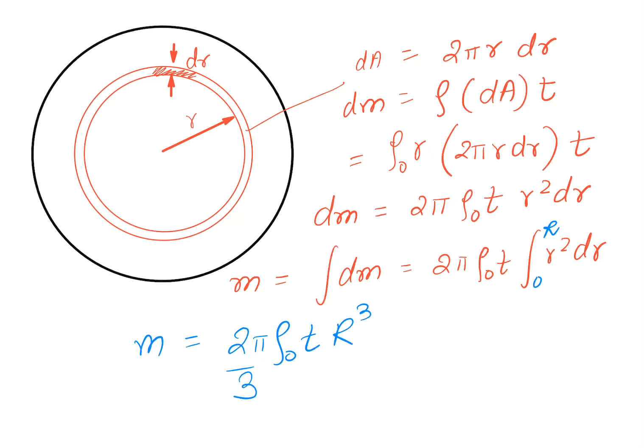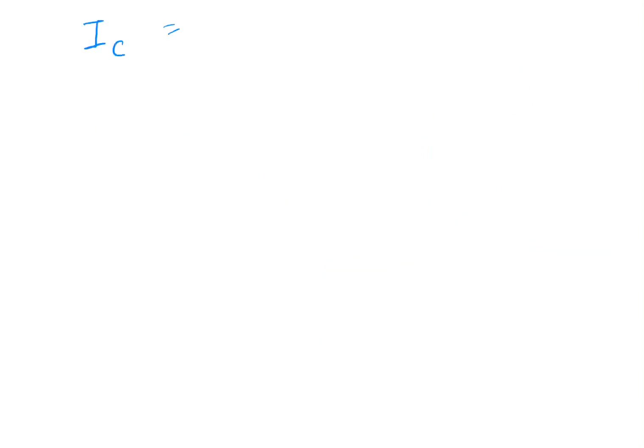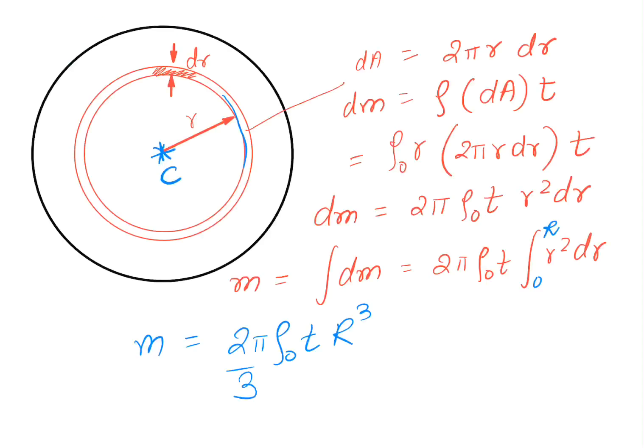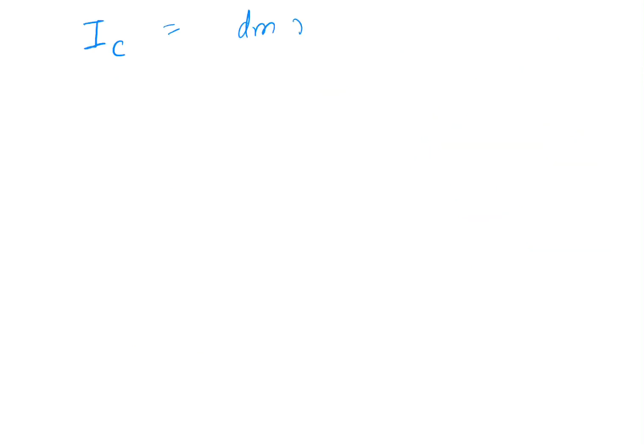Now what about the moment of inertia? To find the moment of inertia I use the same ring and an axis passing through the center of the disk and perpendicular to it. About this axis passing through C, moment of inertia will be what? For this ring I use the formula dm into r square. dm is the mass of the ring, r is the radius. This is dIC. So IC will be integration r square dm.